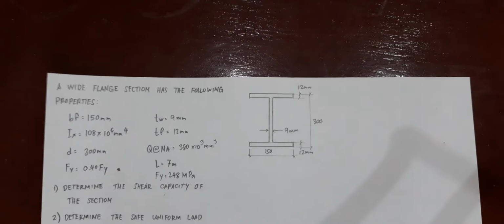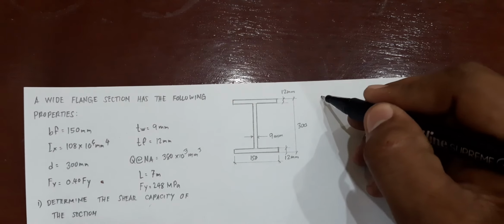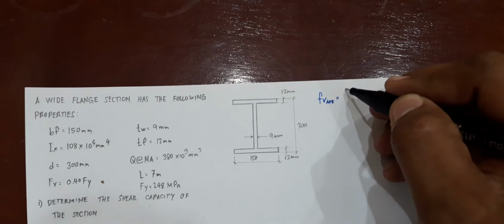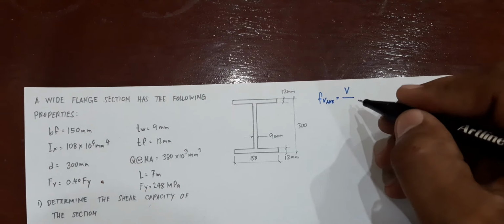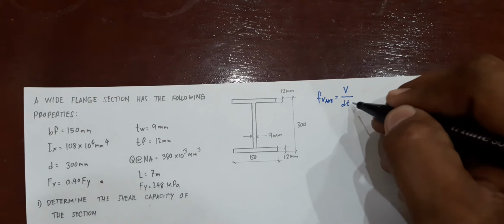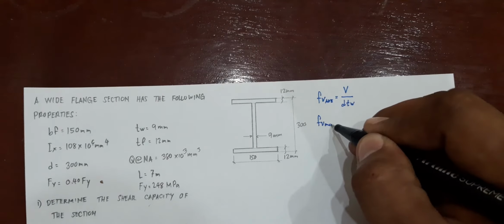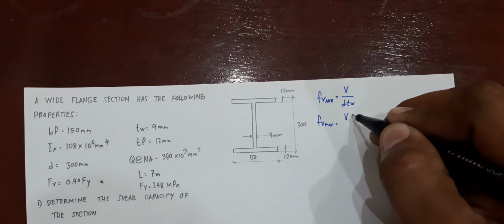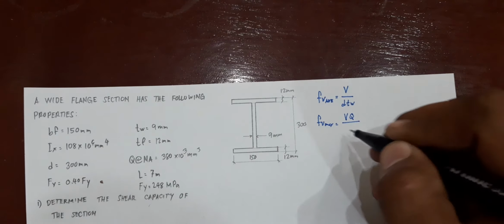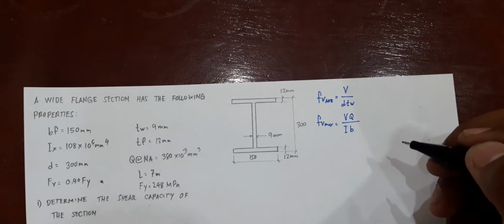Either you're looking for the average shearing stress, which, as we all know, is Fv average equal to the applied shear force divided by the overall depth times the thickness of web, while the maximum shearing stress, Fv maximum, is taken as shear times the moment of the area with respect to the neutral axis divided by the moment of inertia times b, the width of the base.